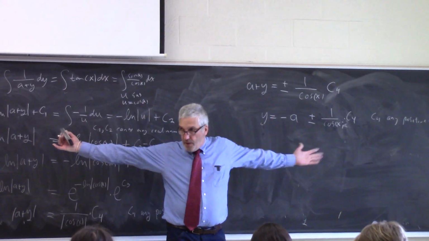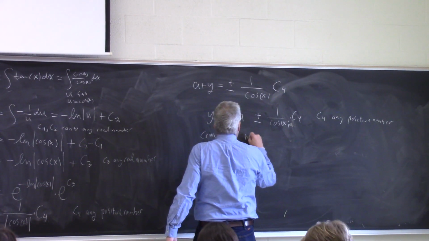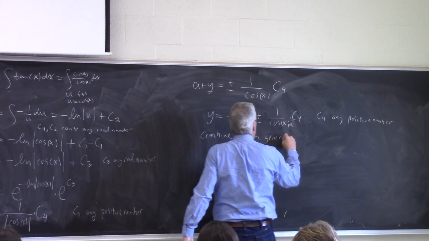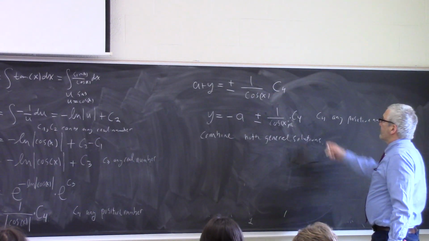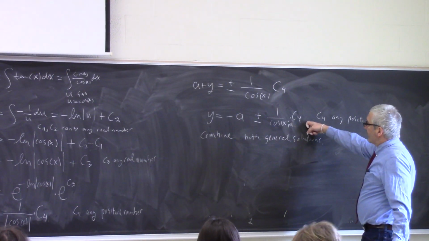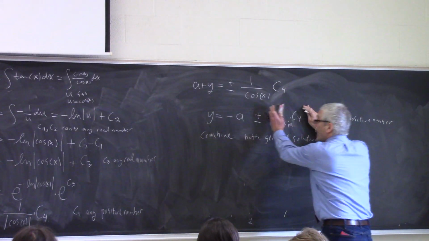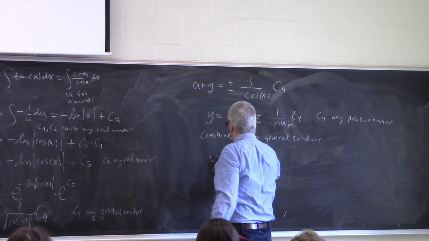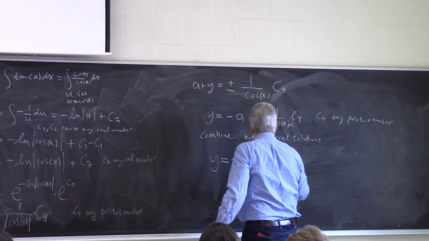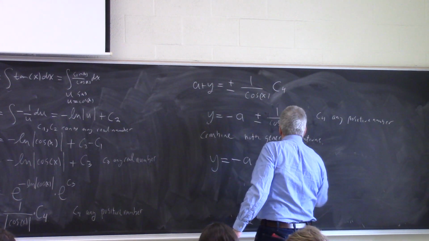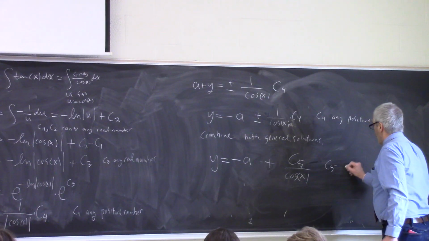So in general, combine those two general solutions. So C4 could be any positive number, but then plus or minus C4 could be any number that's not 0. But then we found out over there that if this term were 0, that'd be okay as well. So we can just say that y equals minus a plus C5 over cos x, where C5 can be any real number.